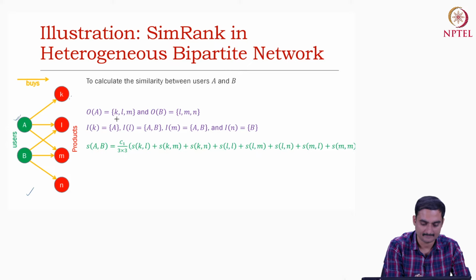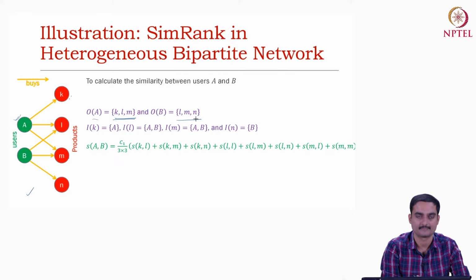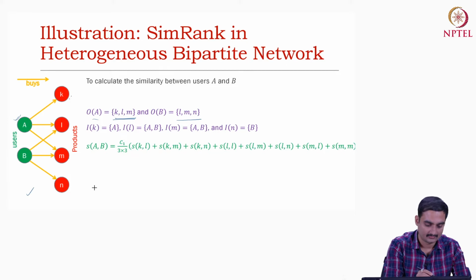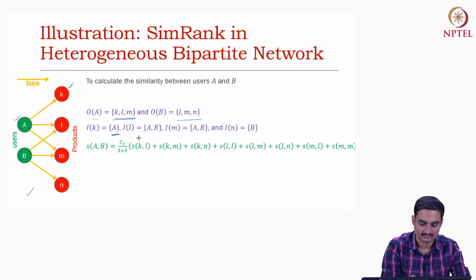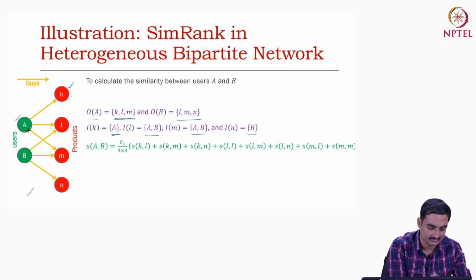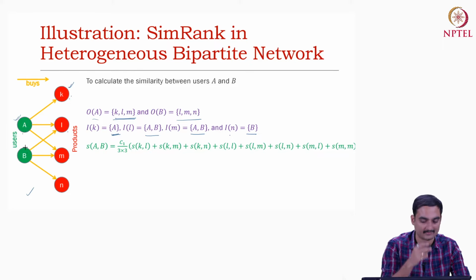K, L, M. So OA is K, L, M, OB is L, M, N. For product K, the inward neighbor is A; product L, A and B; product M, A and B; product N, B. Now the similarity between A and B: we look at these two sets, all pairs.